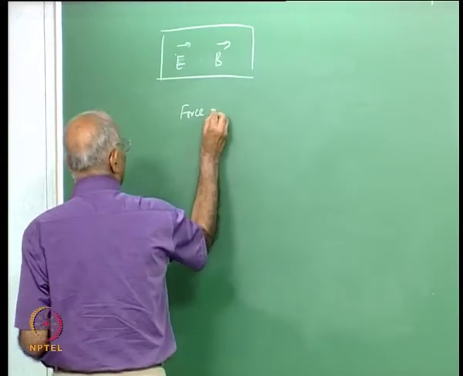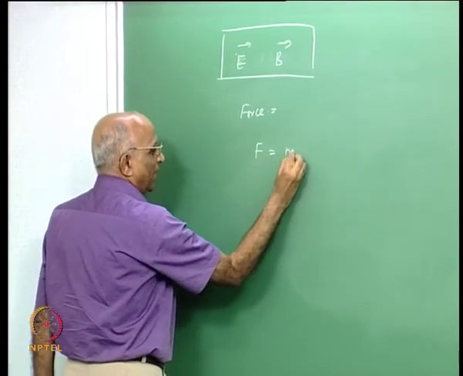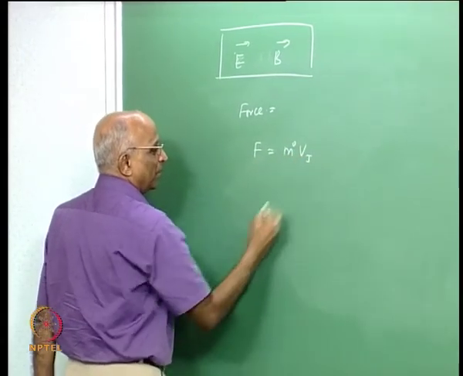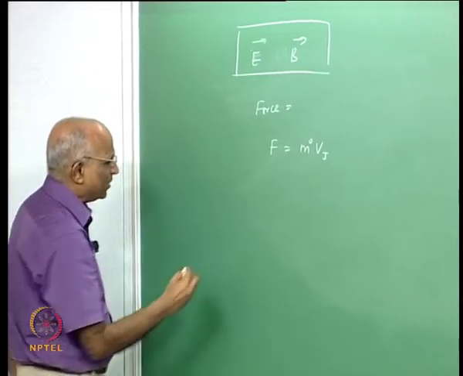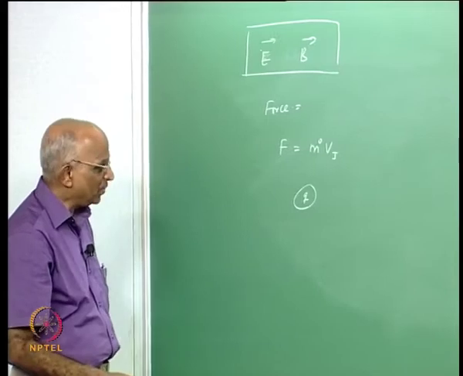Maybe we need to look at propulsion. Maybe force, we say yes, force is equal to m dot Vj. Now all what I am trying to say is, well, I have a charge q, it could be positive or negative charge.